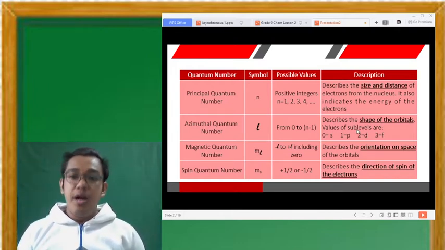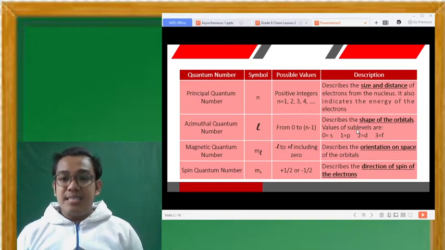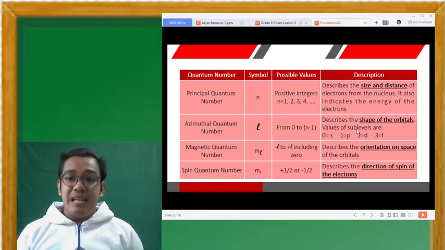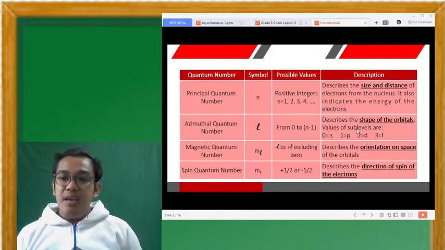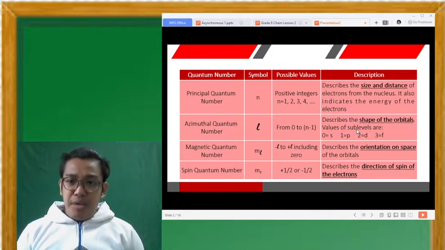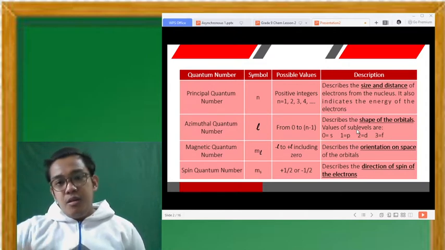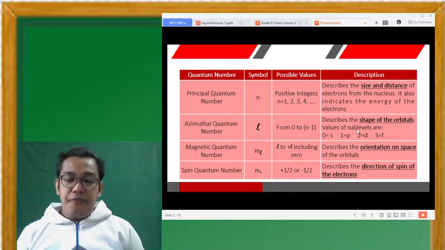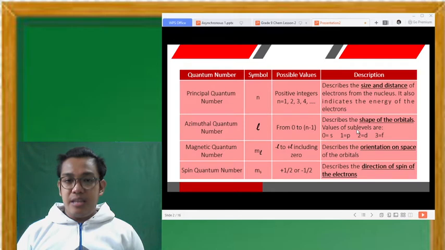For the description, it describes the shape of the orbitals. Values of sublevels are 0s, 1p, 2d, 3d, or it can be 2s, 6p, or whatever you have in a column.